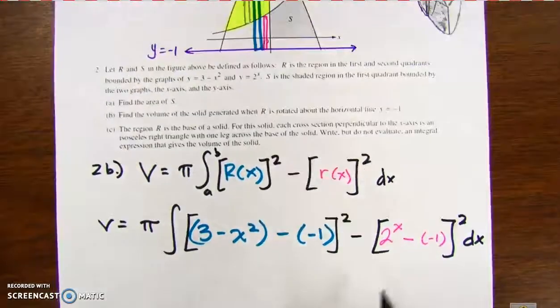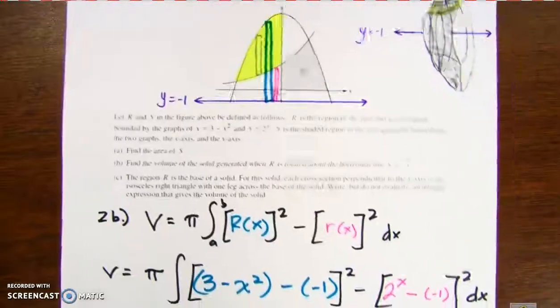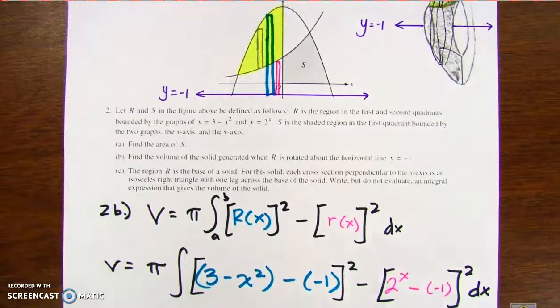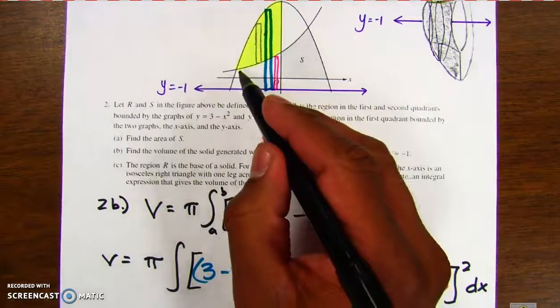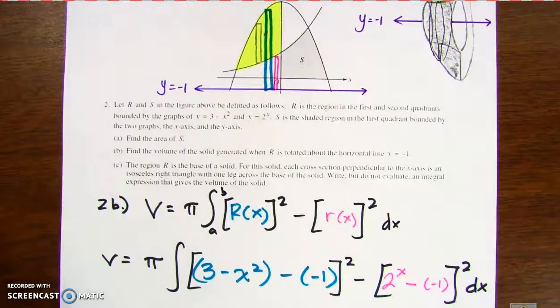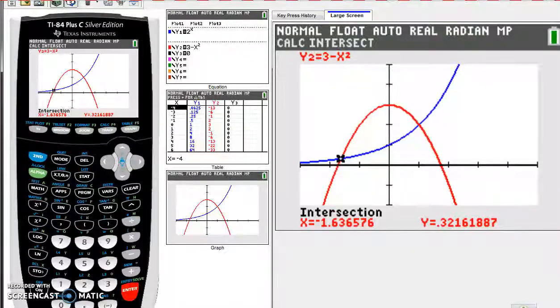Okay, we can simplify this. Oh, by the way, we need the limits. So the limits will go from, I'm going to use the graphing calculator to calculate that. So using the graphing calculator, you get the intersection. So this is the intersection that we're looking for.